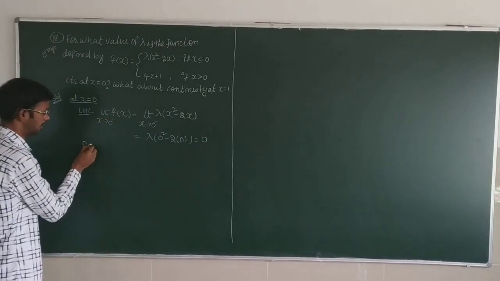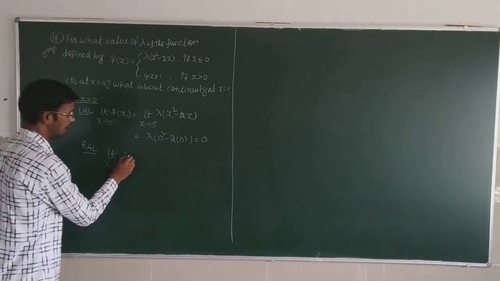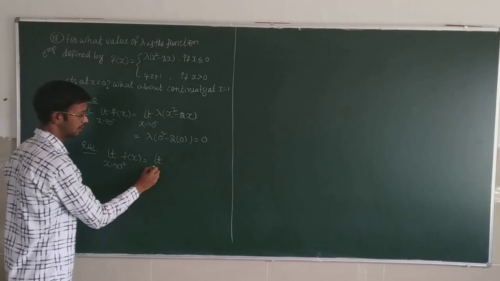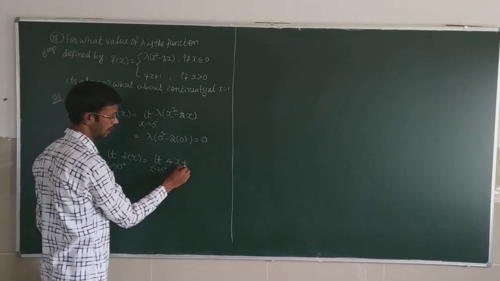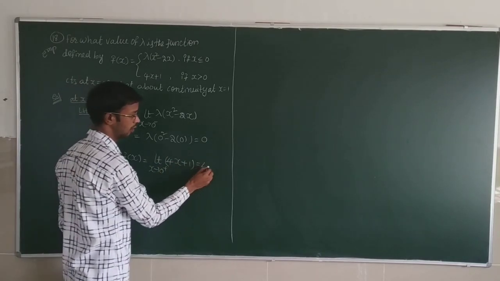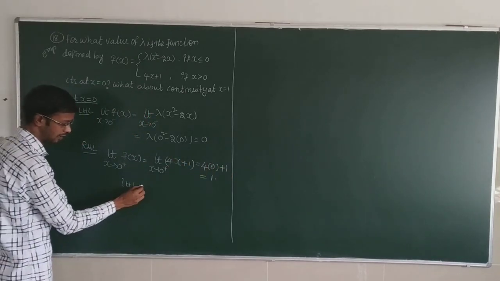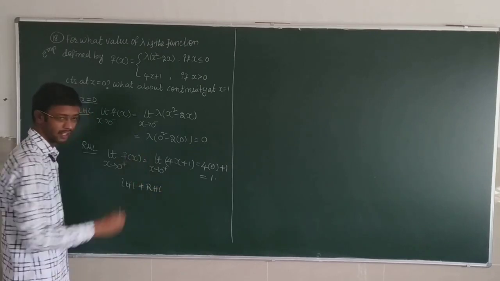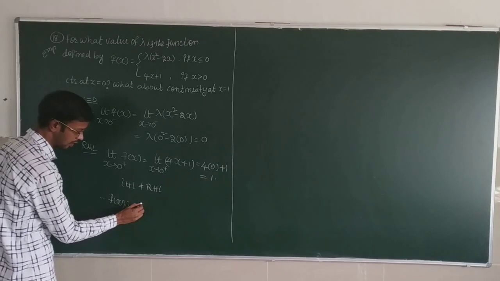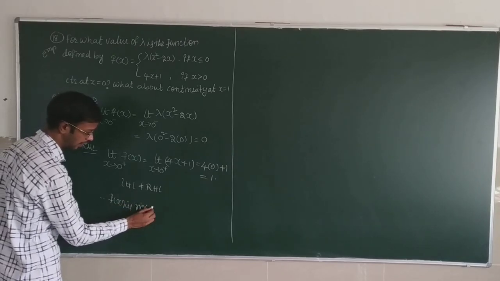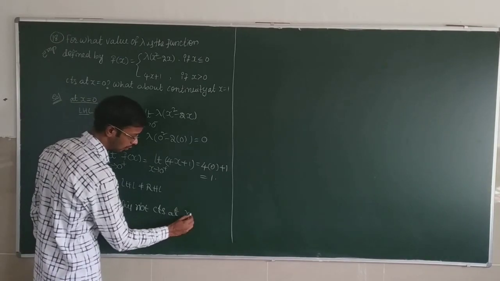Next, RHL: limit x tends to 0 plus f of x is equal to limit x tends to 0 plus, greater than 0, 4x plus 1. The x value is 0. See, LHL is not equal to RHL. Therefore, f of x is not continuous at x is equal to 0.